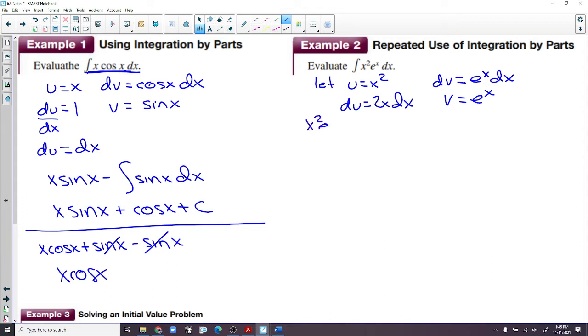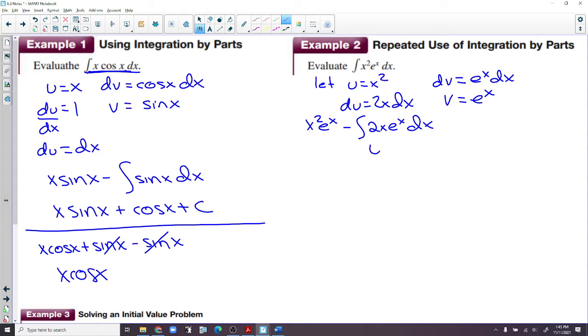X squared e to the x minus integral of v du. So 2x e to the x dx. Well, I mean, we made progress, but we still don't have something that we can just take the antiderivative of. Because we've gotten better. It went from x squared to 2x. And if we do this one more time, this derivative will be a constant.